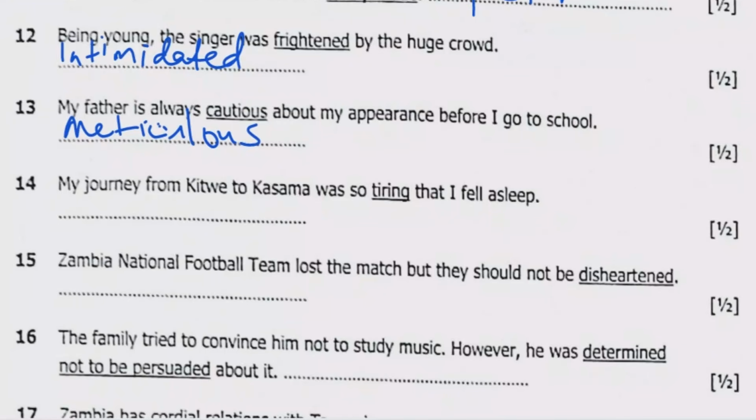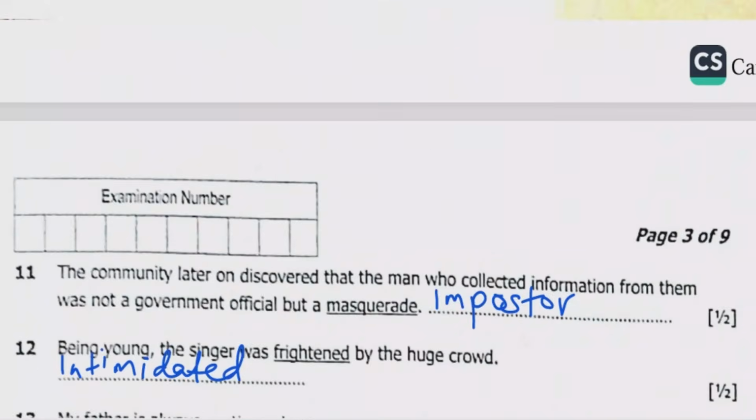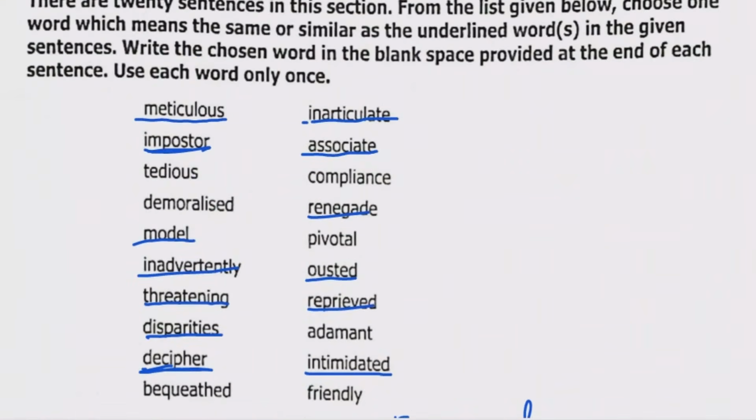Okay, question 14. My journey from Kitwe to Kasama was so tiring that I fell asleep. Okay, so let's go there and find the other word that means tiring. The other word that means tiring is tedious.